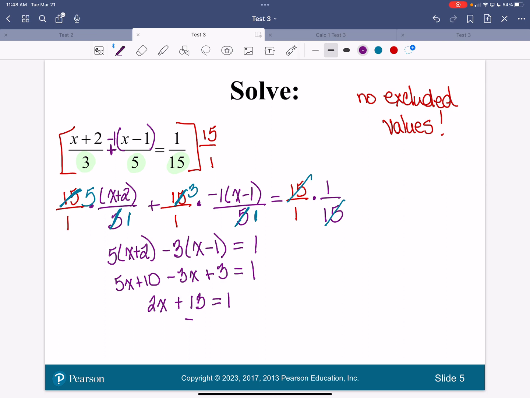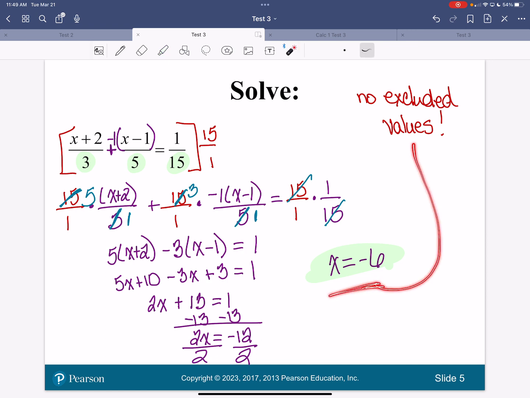I subtract 13 from both sides, and I'm left with 2x equals negative 12. Divide by 2, and what's my final answer? Negative 6. Now, I have to ask myself, is this negative 6 an excluded value? And it is not, because I have no excluded values. No excluded values here.